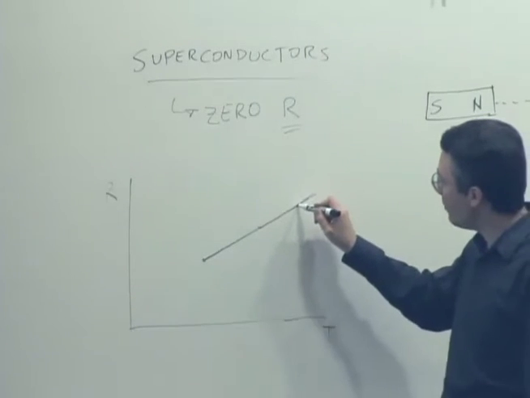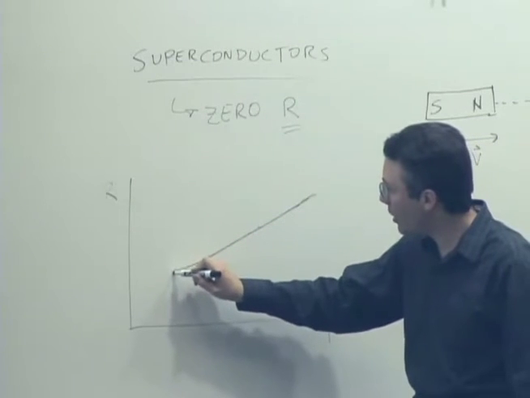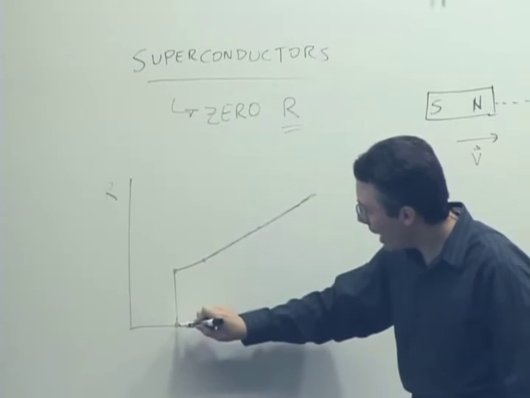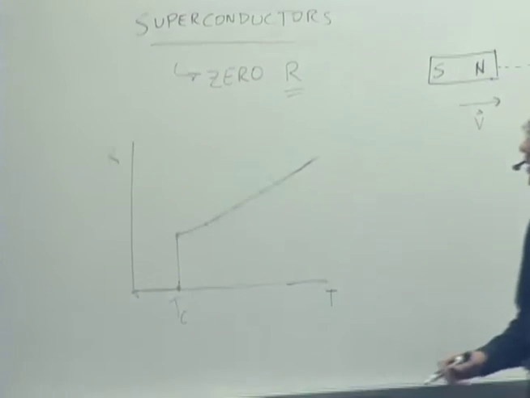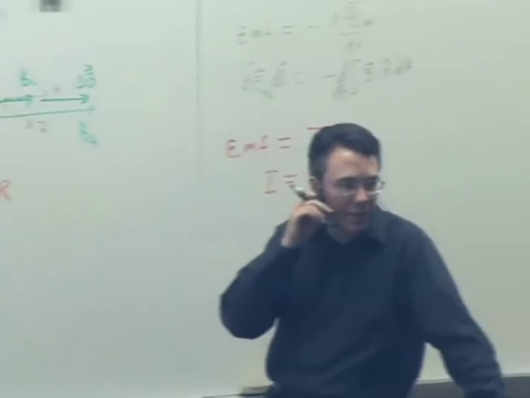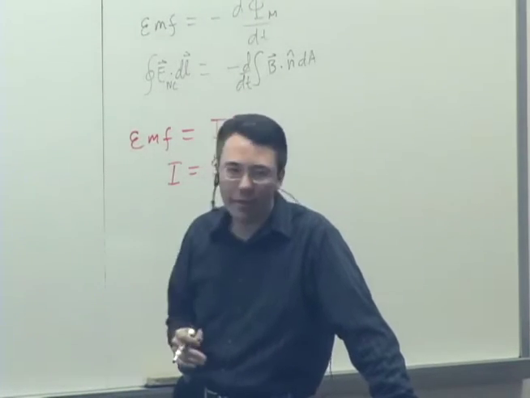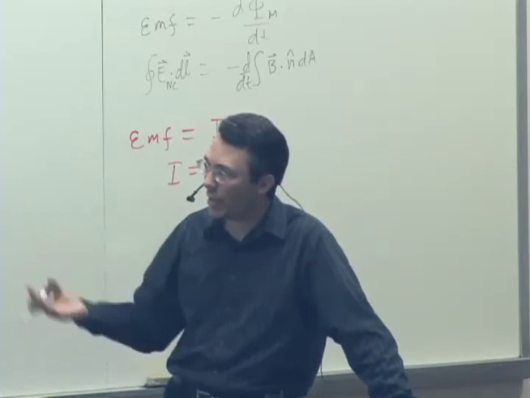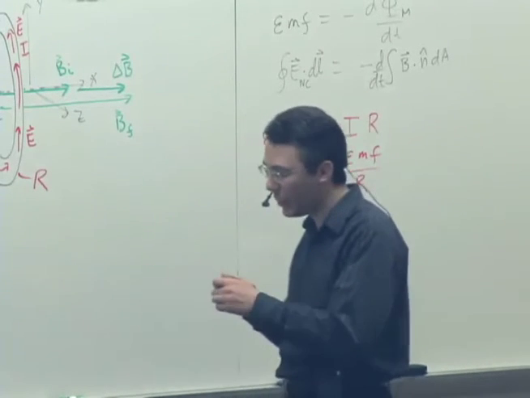But it turns out for some materials you can reduce the temperature and reduce the resistance, and you reach some critical point, some critical temperature, and the resistance goes like that, bam, drops all the way down to zero at some critical temperature. Okay, this is a quantum mechanical property. We actually can't explain this using our classical model that we've been dealing with in terms of the behavior of electrons in metals. So you have to use quantum mechanics, and quantum mechanics makes these predictions, and then it's actually borne out by experiment. We can see things that have zero resistance.